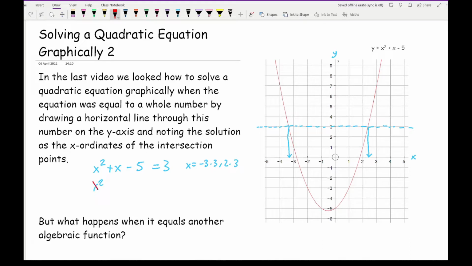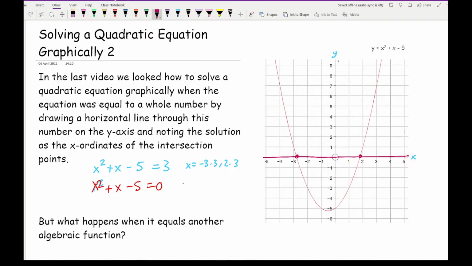So let's say if I had x squared plus x minus 5 equals 0, then all I'd need to do is draw a horizontal line through 0, which is basically the x-axis, and the solutions would be where these two points here are.